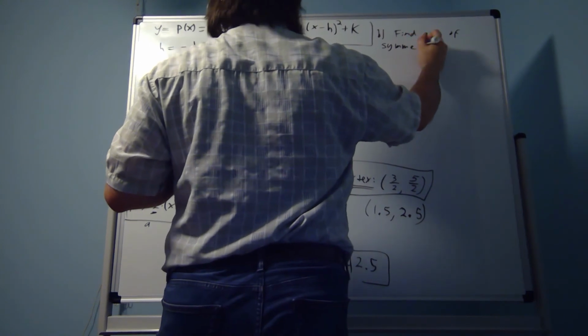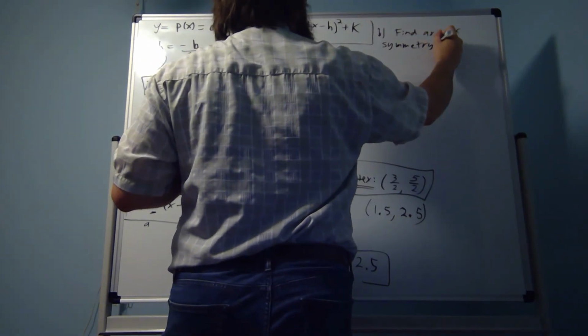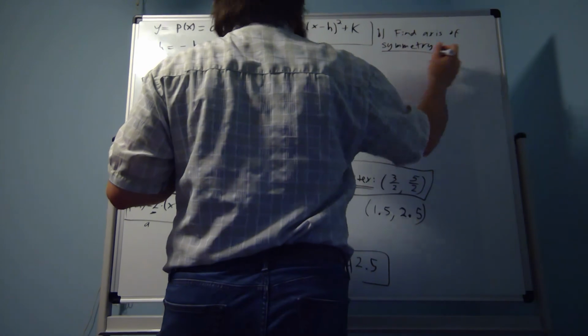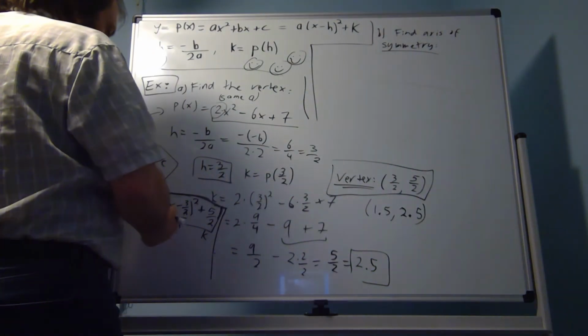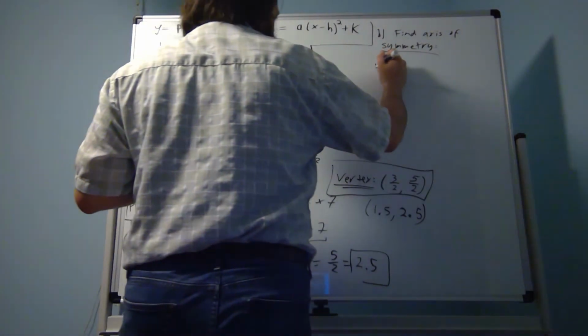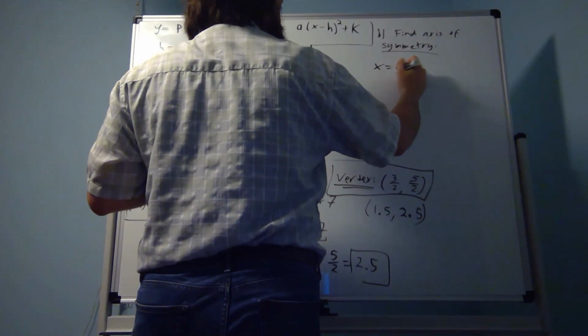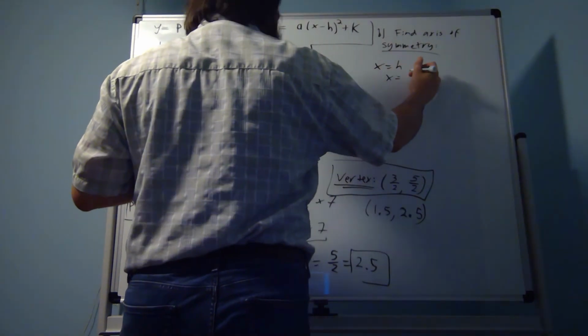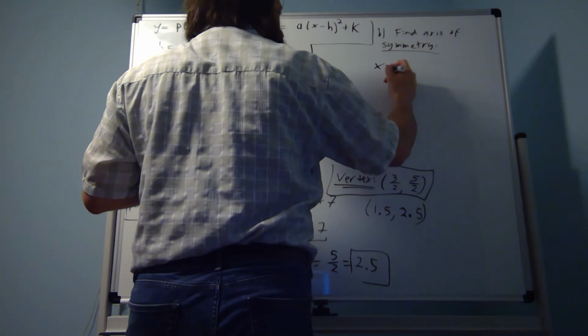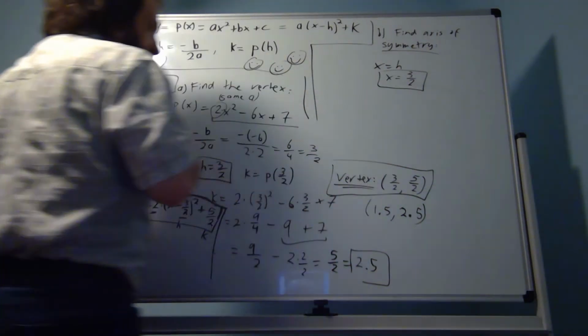We've already done the hard part. Find the axis of symmetry. Well, it's always just the x value. X is equal to h. So the final answer is x is what was h? h was 3 halves.